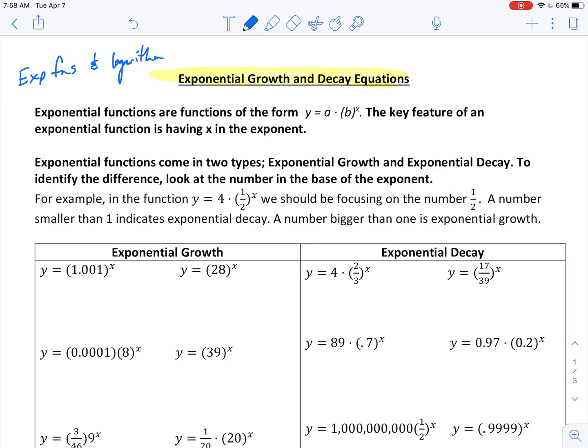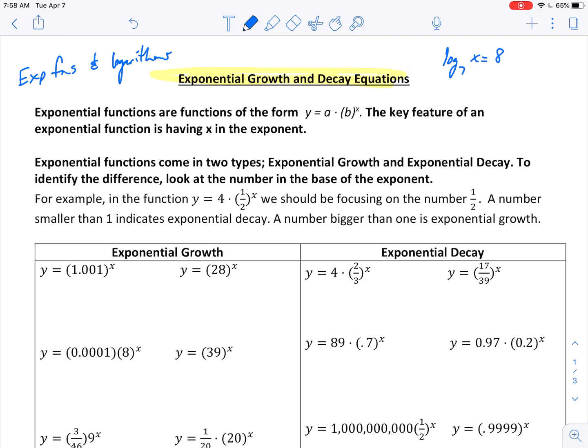This week we're going to be talking about exponential growth and decay equations. So we just got done talking about exponential functions and logarithms, and those are sort of inverse functions.